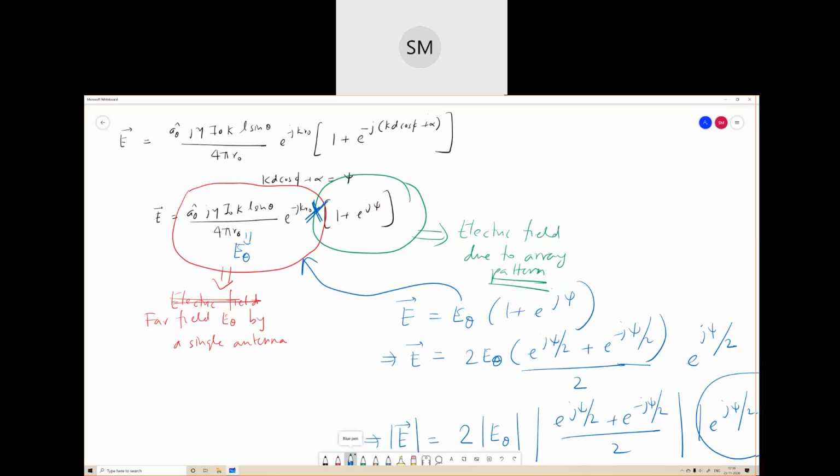Because for loops, what you have seen is that Eθ is 0, but Eφ is not 0. For any other antenna, whatever antenna you are using, we simply change the red term. Any questions? This is called the principle of pattern multiplication.